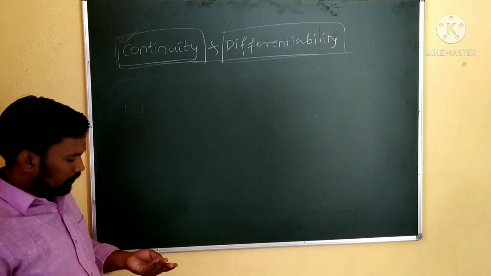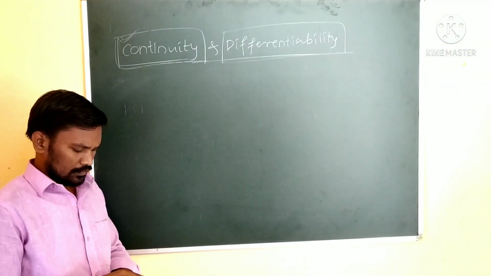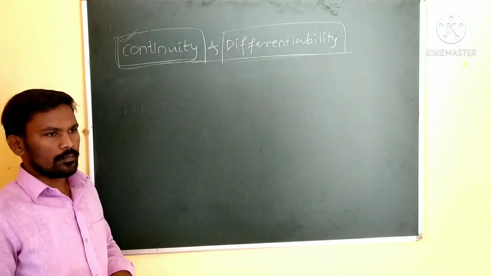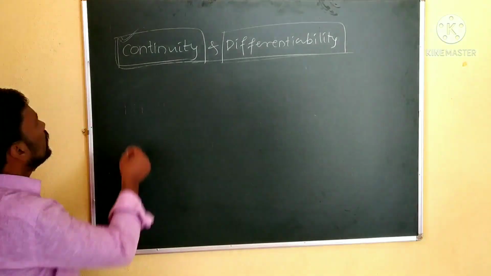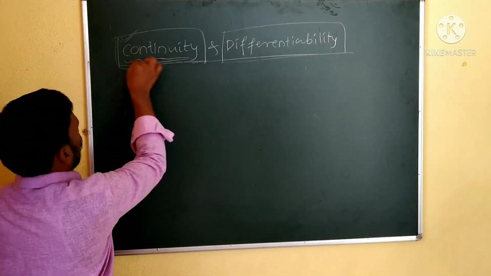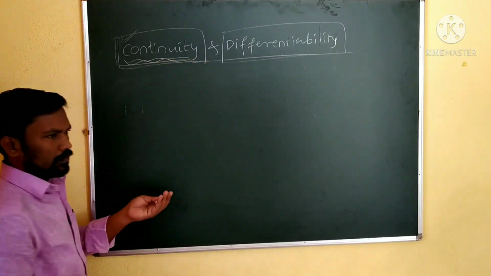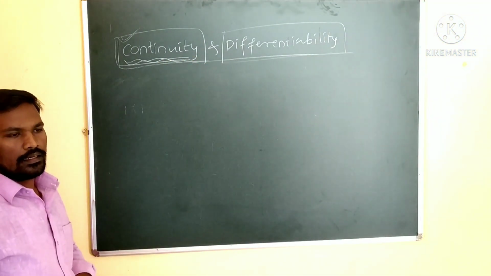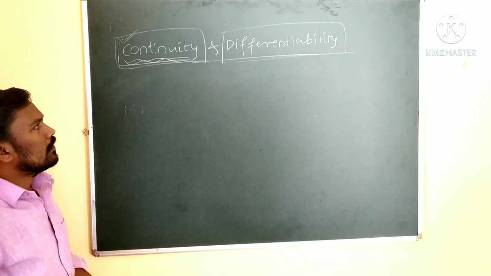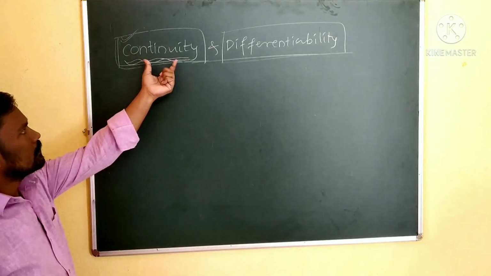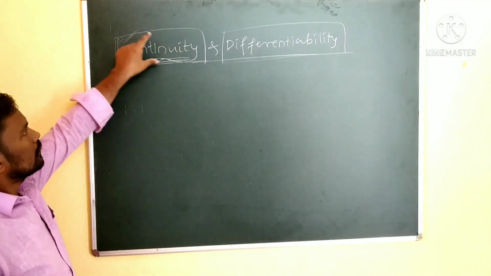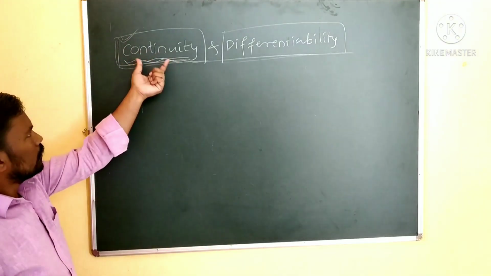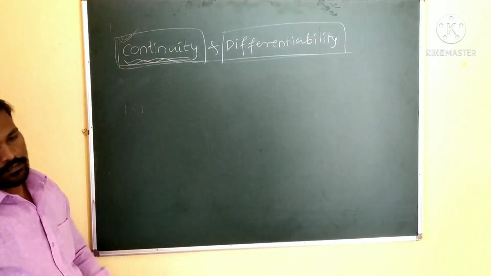Before taking the problems, let me clarify the meaning of continuity. You already know, because we studied limits and derivatives in first year. In that topic also we use the term continuous functions.